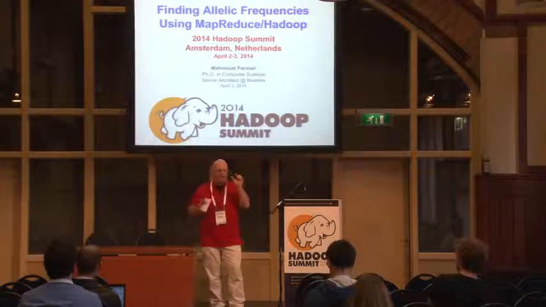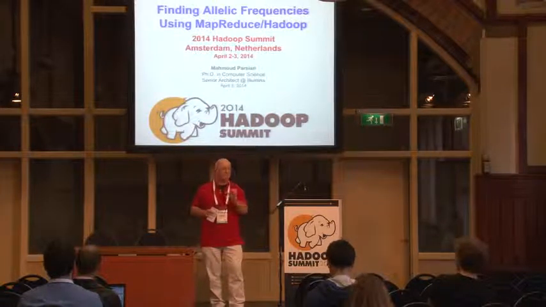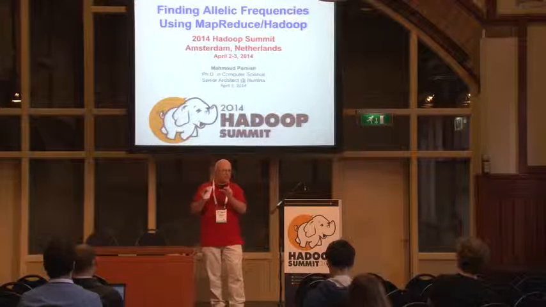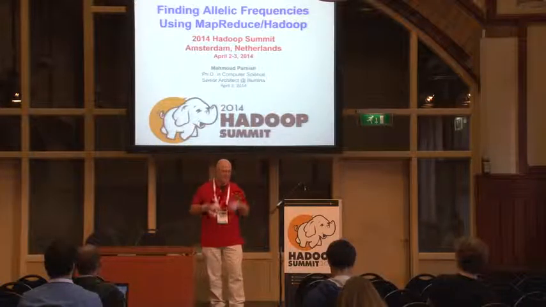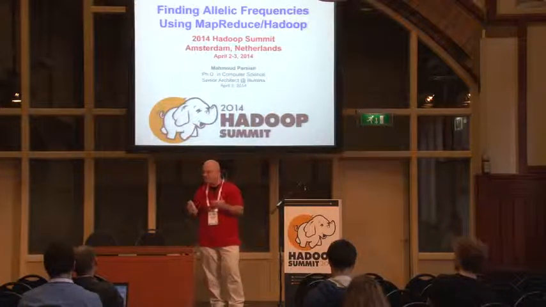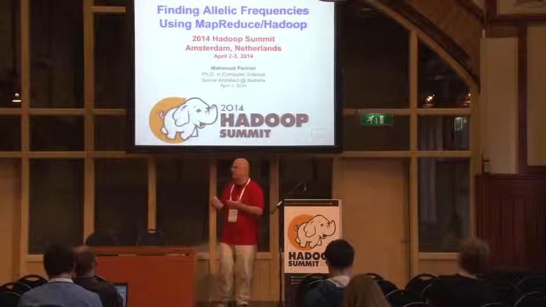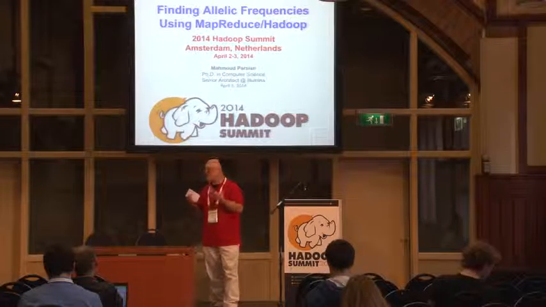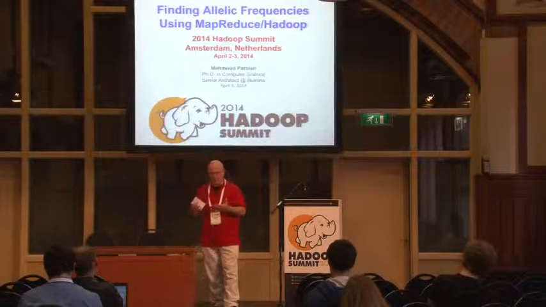That's what we are going to focus on, the allelic frequencies, to see what we can do even with that 5%, and what pharmaceutical companies are doing using Hadoop technology to find out what those allelic frequencies are and how they can help the patients.